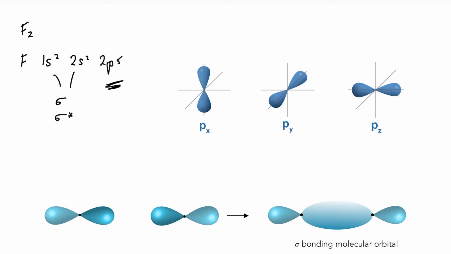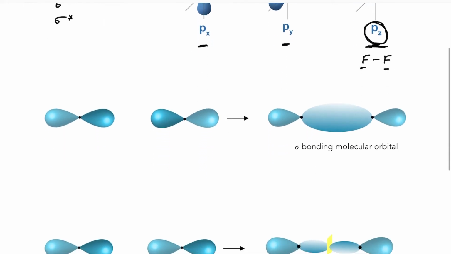P orbitals have direction in 3D space, unlike an s orbital, which is spherical. And in molecular orbital theory, the z-axis is defined as running along the bond, so in this case the fluorine-fluorine bond, which means that when I bring 2 fluorine atoms together, their pz orbitals are going to be in the right direction, or symmetry, to interact, and they're going to interact fully.